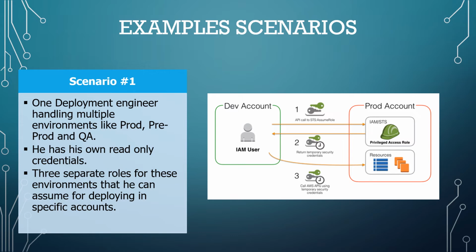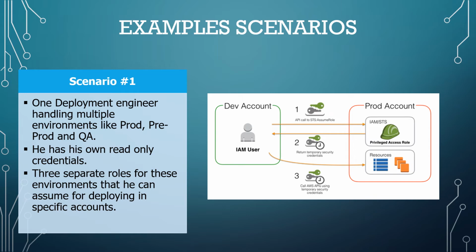One of the scenarios would be, let's say you have a deployment engineer or a dev engineer, anyone, who is handling your multiple environments like prod, pre-prod, and QA, which of course we all do nowadays. There is one development account and he has permissions on that, and there is a production account.